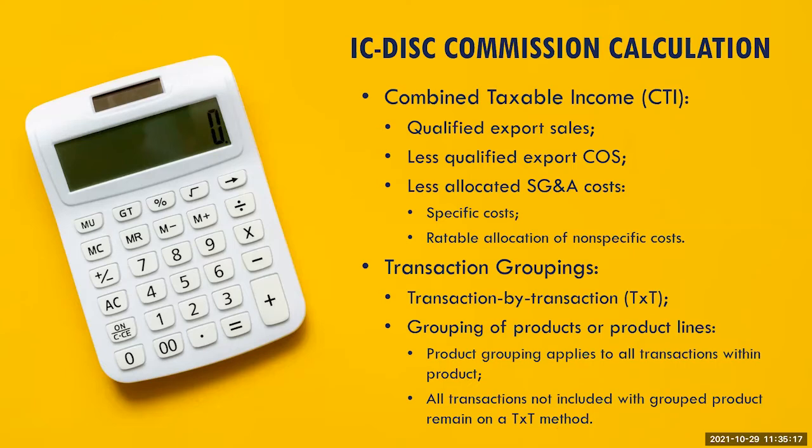You do have the ability to group transactions by a series of products or product lines for the purpose of calculating the commission, and sometimes that can give you a greater commission, but there's really a lot of power in how you want to calculate the commission through grouping of products to try to ultimately maximize the commission. And by maximizing your commission, you're maximizing your tax savings.